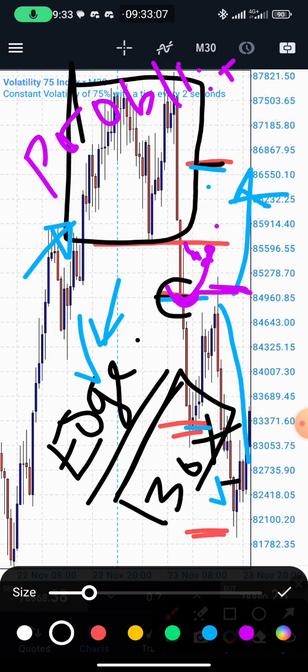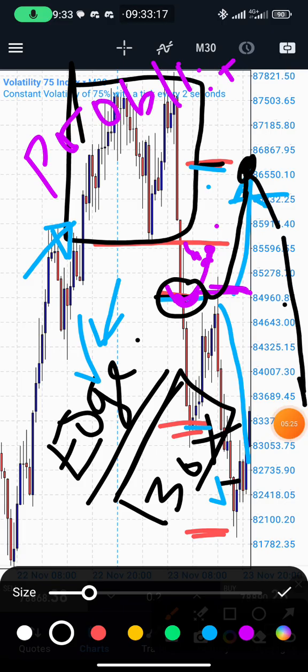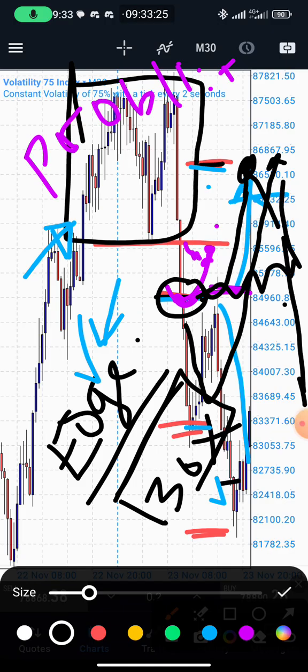When the market got here, if you had entered a sell there, 1 million things could have happened. It could have gone up, hit your stop loss, then go down. It could go down a little bit without hitting your TP, go up and hit your stop loss. It could range around here, hit your stop loss. It could range before going down. So there are literally 1 million things that could happen.